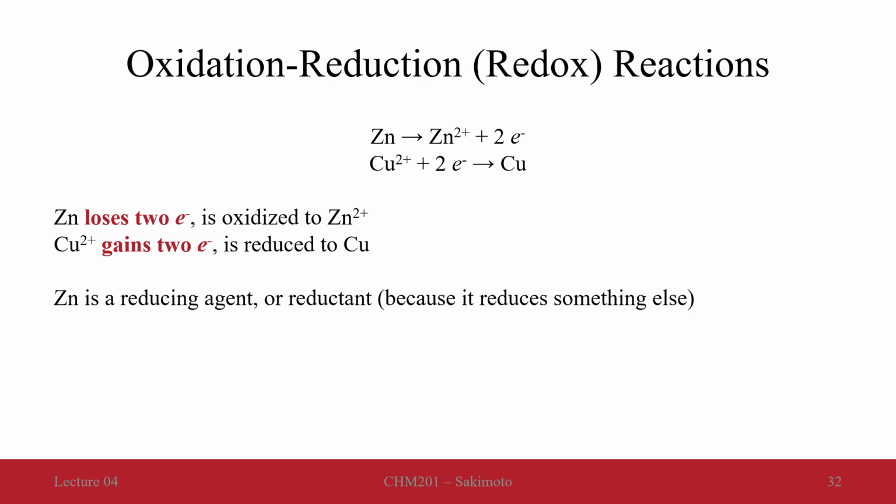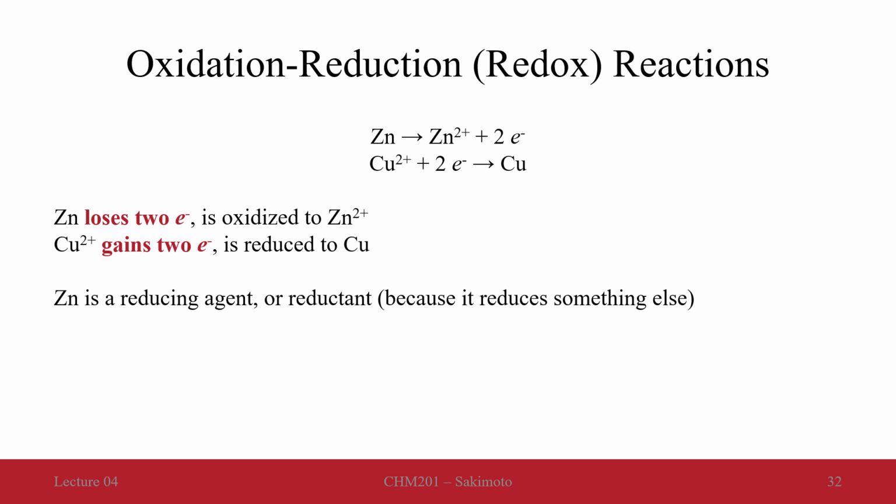We would also refer to these different reactants by what they're doing to the other element. We say here that because zinc is being oxidized, losing 2 electrons, it is the thing that is giving 2 electrons to copper. Zinc is the thing that is reducing copper, so we would call zinc a reducing agent or a reductant.